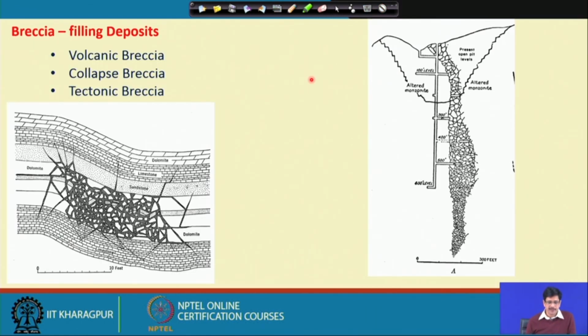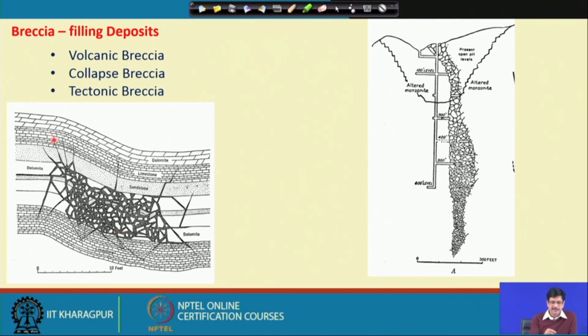And there could be features where, in terms of the morphology and the mode of occurrence, we could clearly see that the mineralization has taken place in breccia, and such occurrences are observed in many different types of deposits, as you will be seeing in the subsequent discussions.